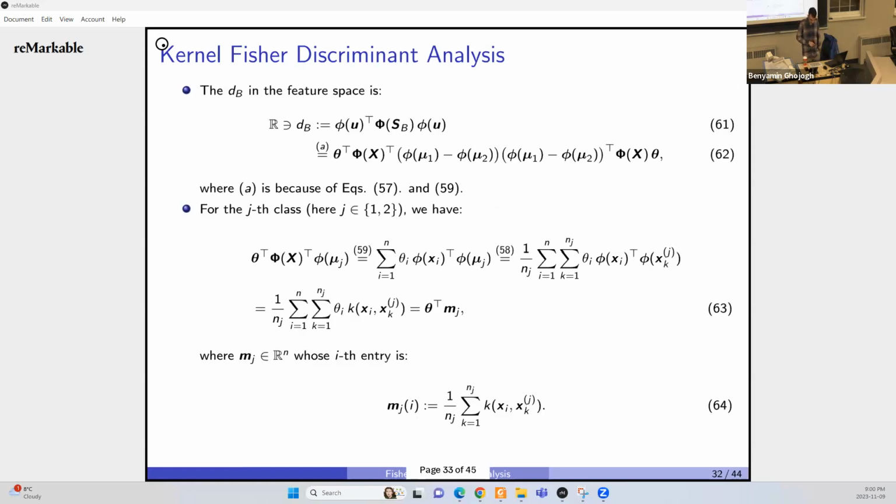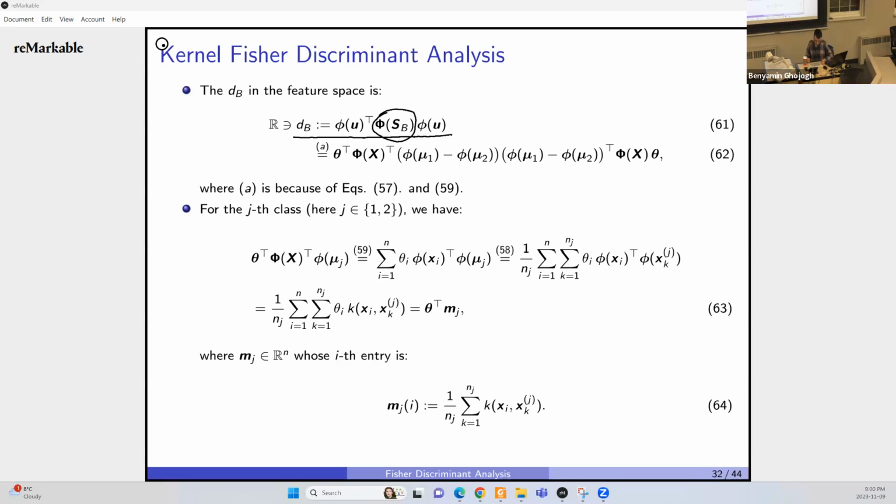Now, please bear with me and you will see the beauty. Okay. So what was dB in the Hilbert space? Phi u transpose phi sb phi u. I have pulled everything to the feature space, right? Because beforehand it was u transpose sb u. Now I have phi u transpose phi sb phi u. Right? Now you tell me, what was phi SB?